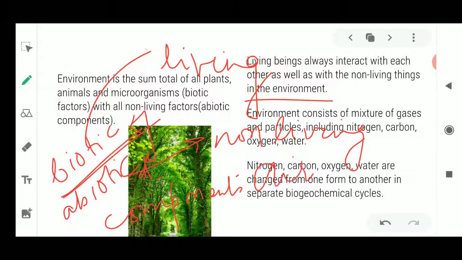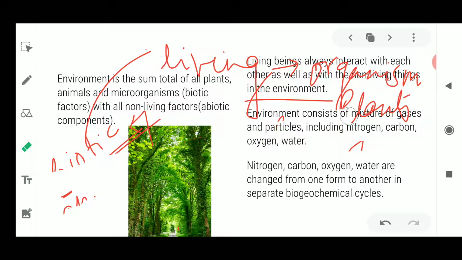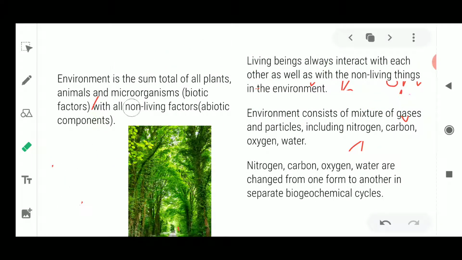The air and water are the non-living components, whereas the living components are the organisms: the animals, the plants, the microorganisms, the bacteria. All these are the components of any ecosystem.